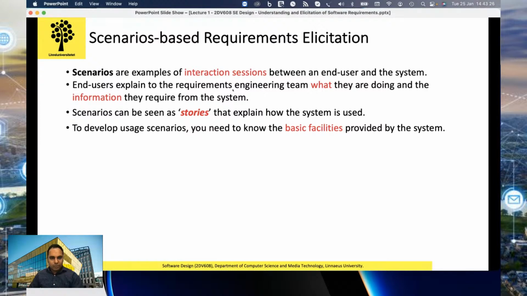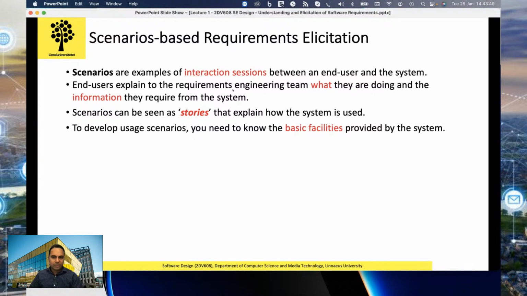So one approach for requirements elicitation is to define scenarios. So scenarios are simply stories. So it's basically a use case, an interaction between your system and an end user.